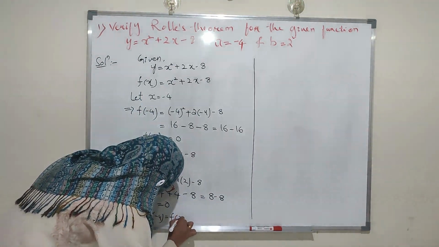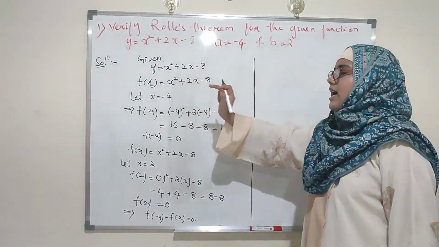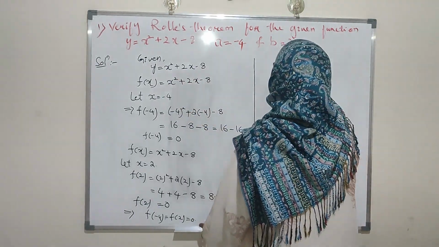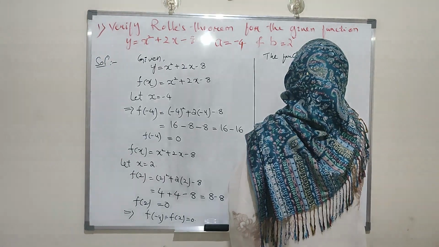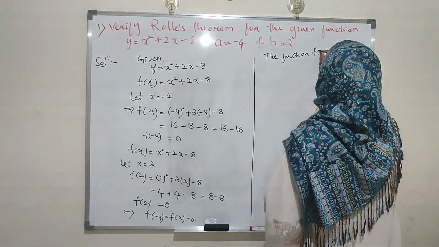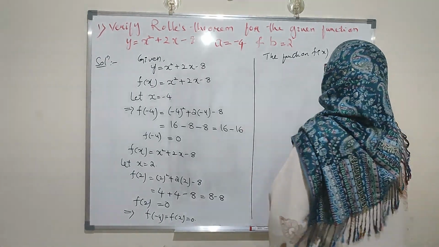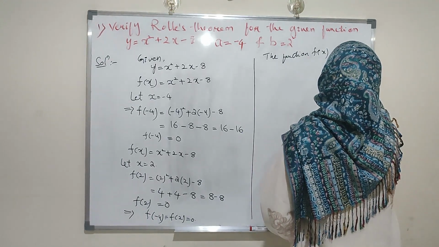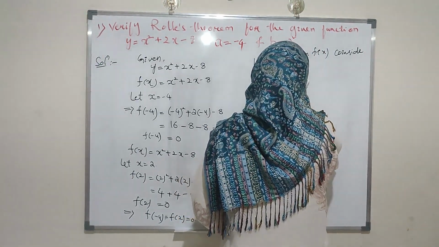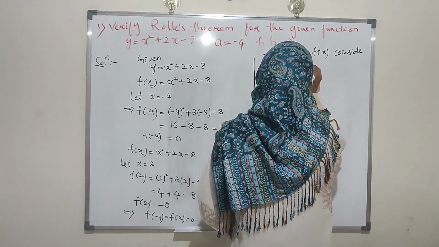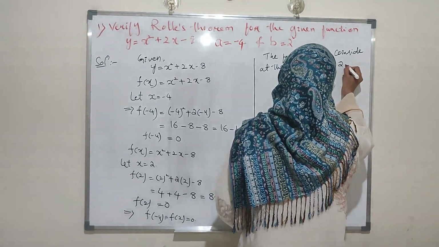Both we got 0. Okay. So the function f of x has the same value at the points minus 4 and 2.